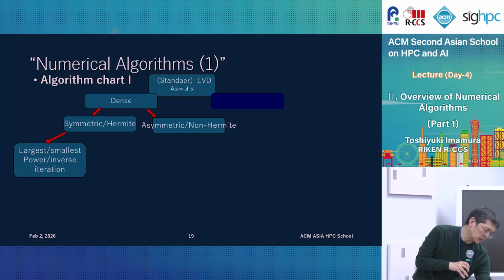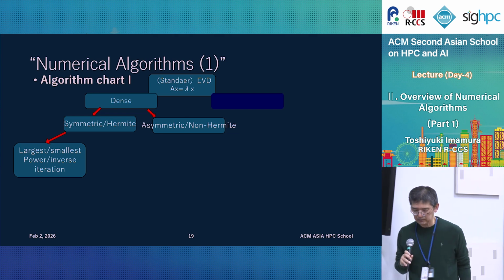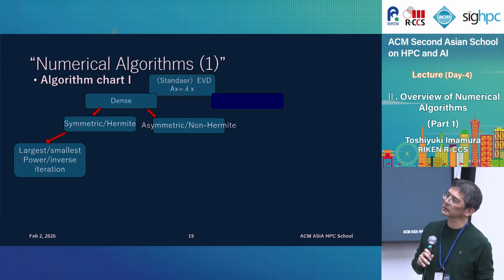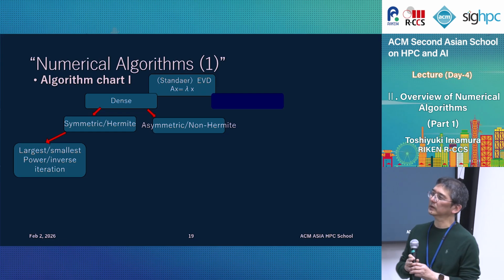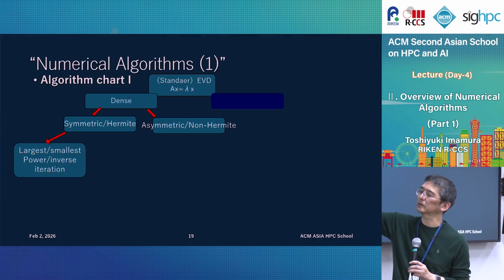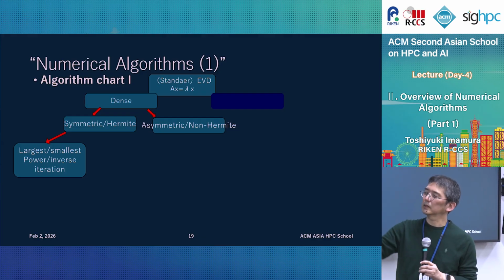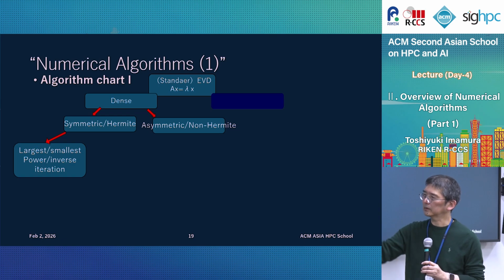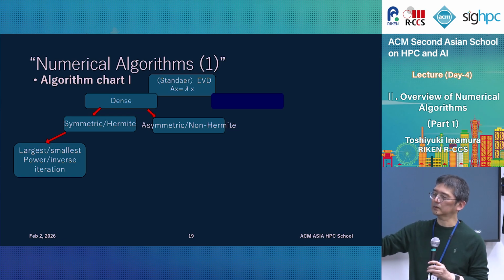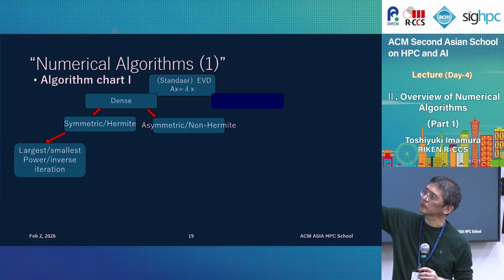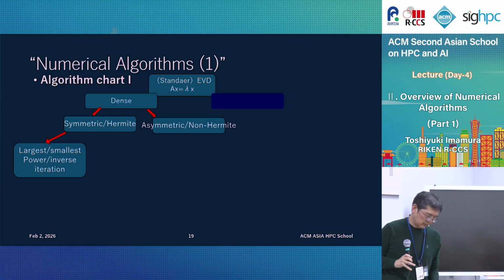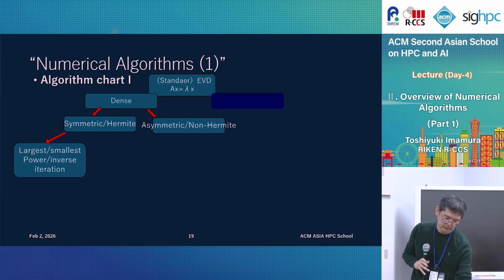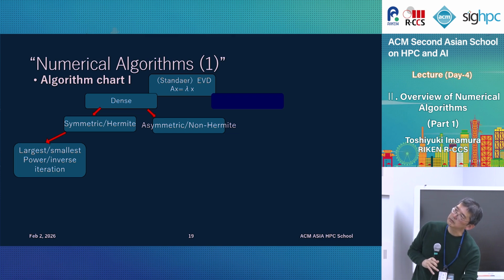Focusing on the symmetric Hermitian case, if we only solve the largest or smallest eigenvalue, for scientific simulation, for the purpose of solving a very stable or very secure state, largest or smallest, this kind of eigenvalue problem is very limited. The case is very general. In that case, we use the power method or inverse iteration.